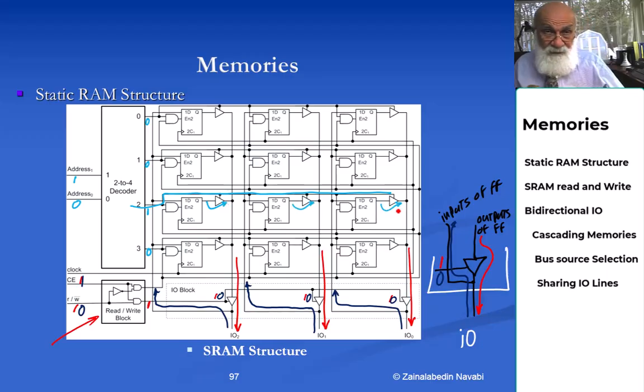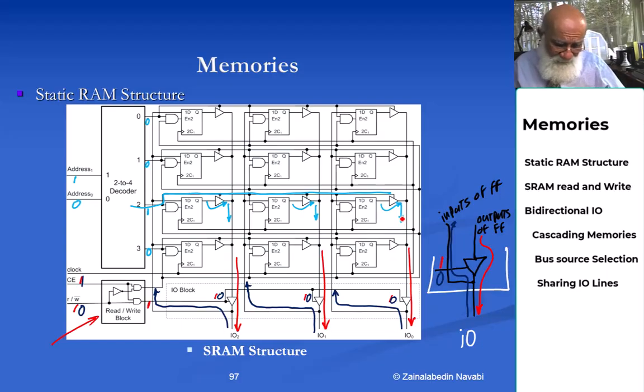By the way, the horizontal line I'm drawing is the word line. This word line causes the output of the flip-flop to go on this line here, to go on this line here, to go on this line here, if this is being read.